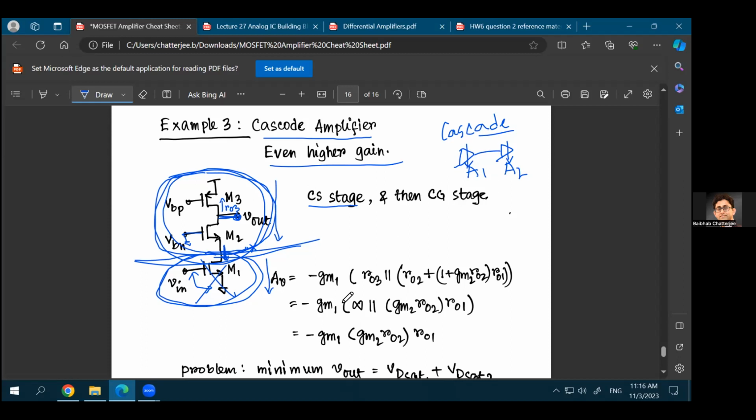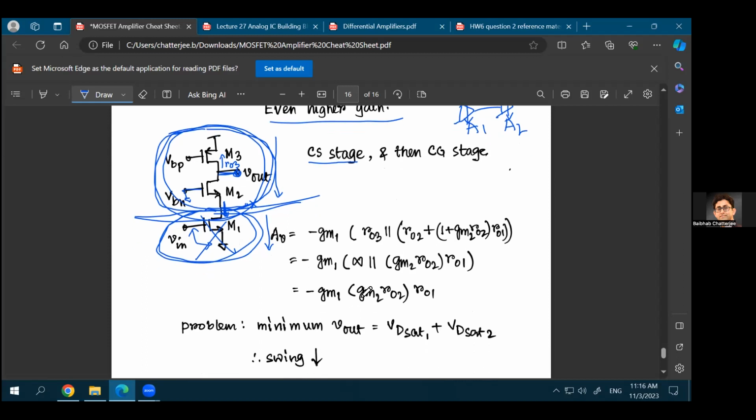Eventually, the gain that you'll see in this case, again, you can do a small signal analysis. And again, as I said, this is a much more advanced concept, so don't worry about it right now. This is just for you to know that this exists, and this is something that you can use if you want even higher amount of gain. Eventually, the gain of this system becomes a multiplication of GM1 RO1, that's the GM and RO of the M1 stage, multiplied with GM2 RO2, that's the GM and RO of the second stage.